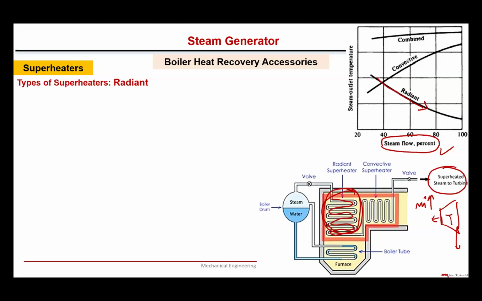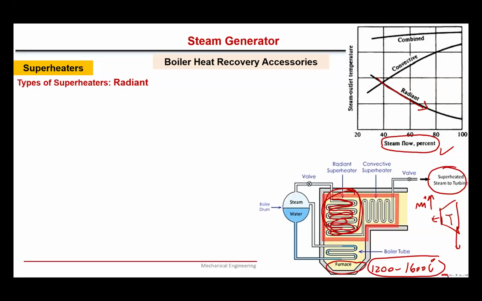So there is less time for this radiation heat transfer to transfer. The flame temperature remains constant, about 1200 to 1600 degrees Celsius. That will not change with the high speed of that steam, all right?